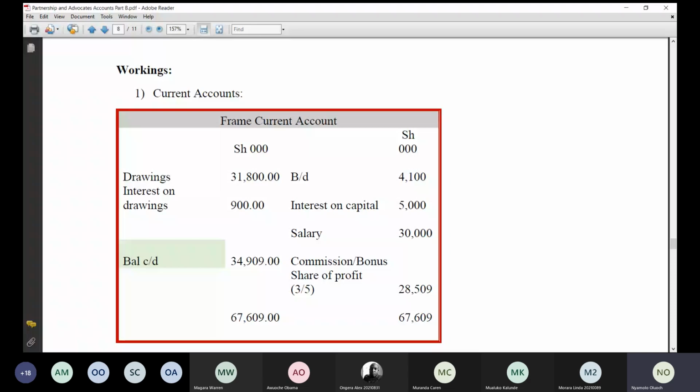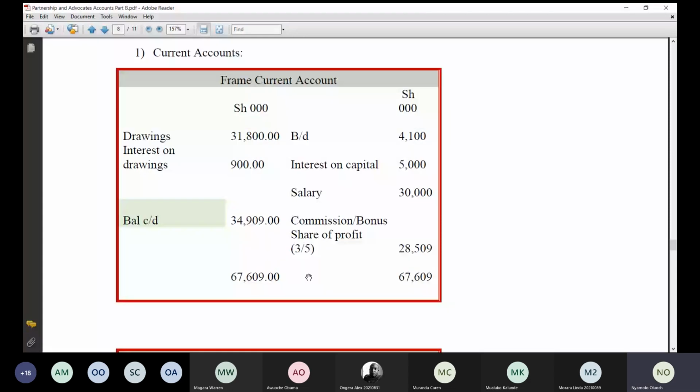So the credit side stood at 67,609, and the debit side was 31,800 plus 900. So then the balancing figure is going to be our balance in this current account, and that is what we are going to take as his balance for the financed by the balance sheet.